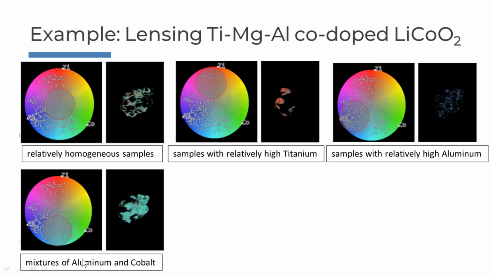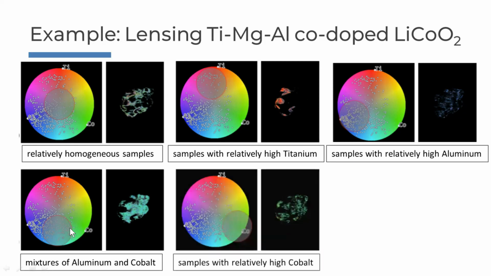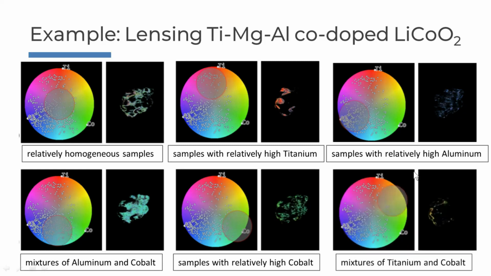Or you can see where mixtures of aluminum and cobalt are, like you go in the middle between aluminum and cobalt in this MTE. Or you can go only at the cobalt, and you can see where the cobalt is. It's not the same place as aluminum. And here you can see the mixtures of titanium and cobalt. Okay, so it's a really interactive, fluid interaction you can do. Just move around this lens and expose different materials.